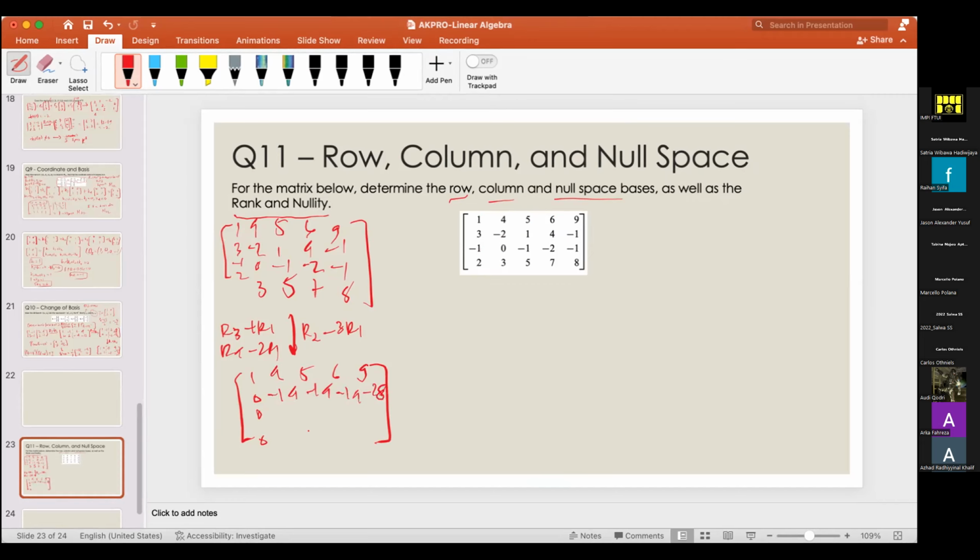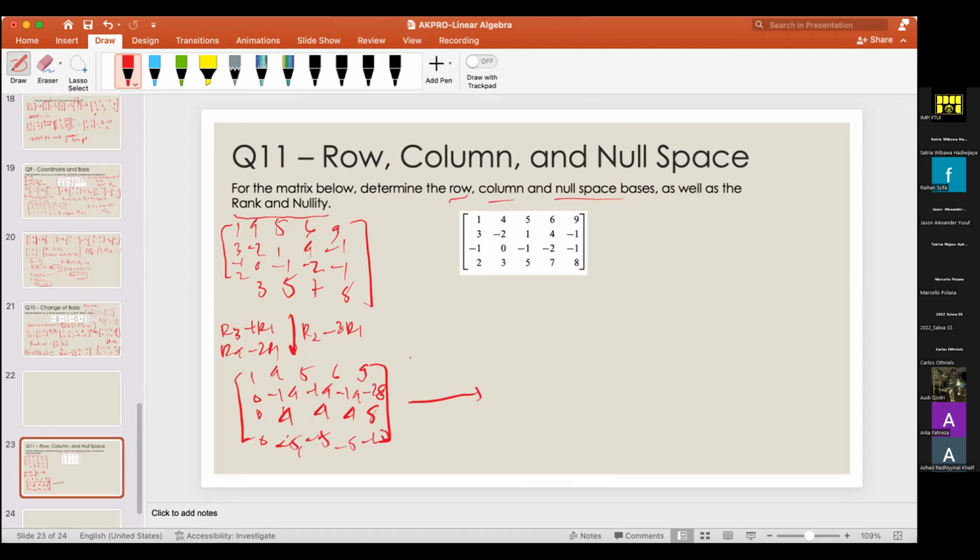Now for the third row, this is 4, 4, 4, 8. And so the last one is, I think by now you should start seeing a pattern. 3 minus 8, that's 5. 5 minus 10 is negative 5. 7 minus 12, that's negative 5. 8 minus 18, that's negative 10.